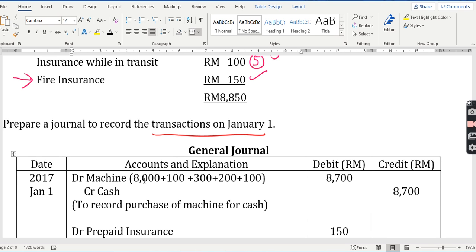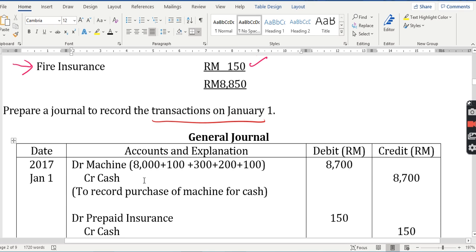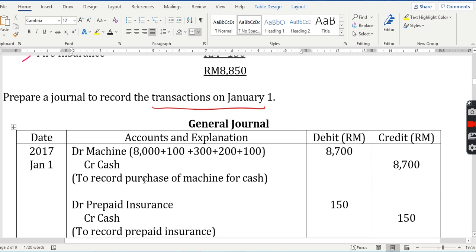But at the same time, on the same date, we are paying for the insurance. Since the question asked you to record the transaction on January 1st, you need to pay and record the journal as well. So how do we go about recording the insurance?